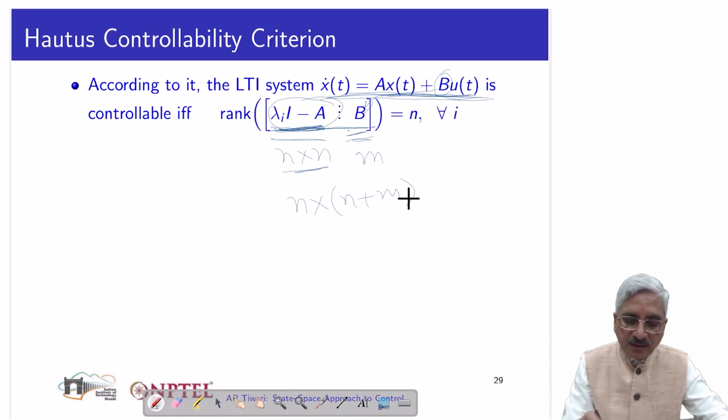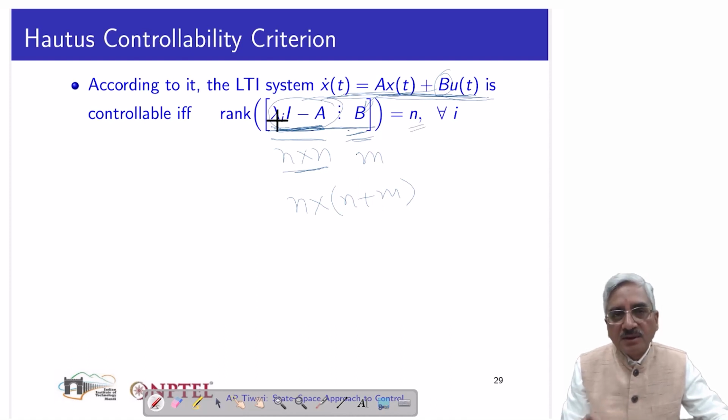If the rank of this n by n plus m matrix is n, then the ith eigenvalue is controllable. And if it holds good for all eigenvalues, then the system is controllable.